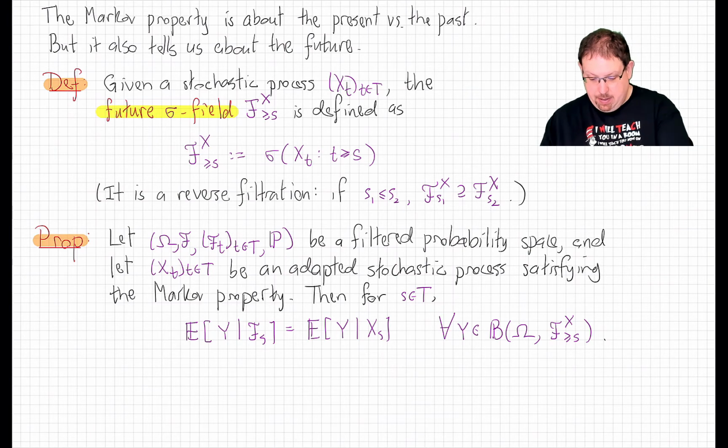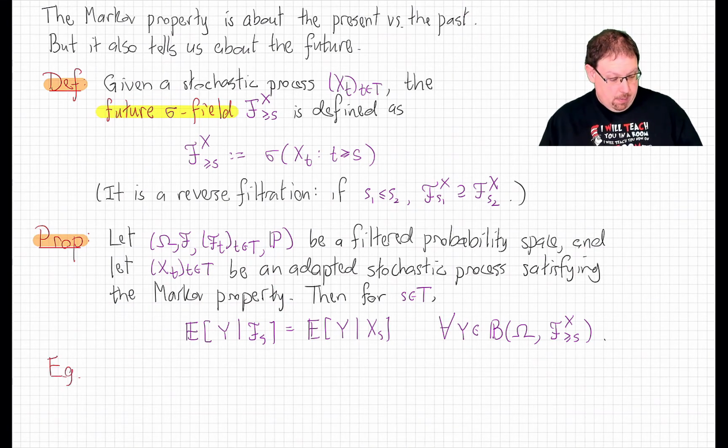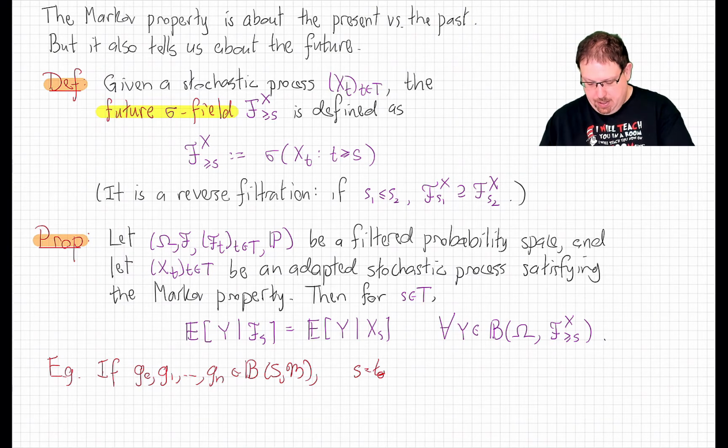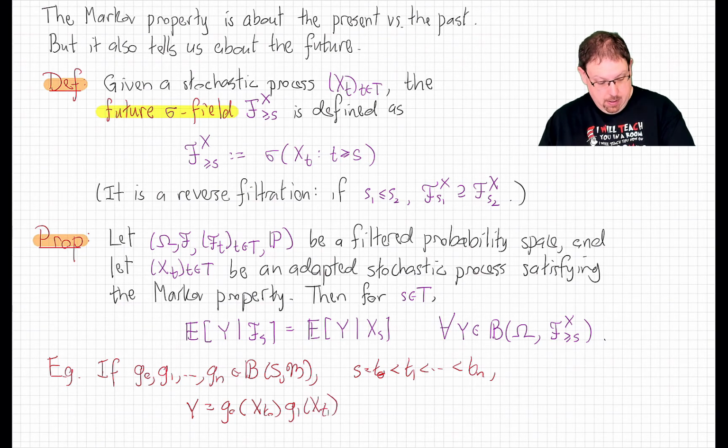Before we get started, let's see if we can understand what kinds of random variables are represented here. A good example of a future measurable random variable can be constructed as follows. If I take a bunch of one-variable measurable functions, g0, g1, up to gn, that are all bounded measurable functions on the state space, and I take a sequence of times, which I'll usually start with t0 being at the time s, t1 up to tn, then I could take Y to be the product g0 of X at t0, g1 of X at t1, up to gn of X at tn.